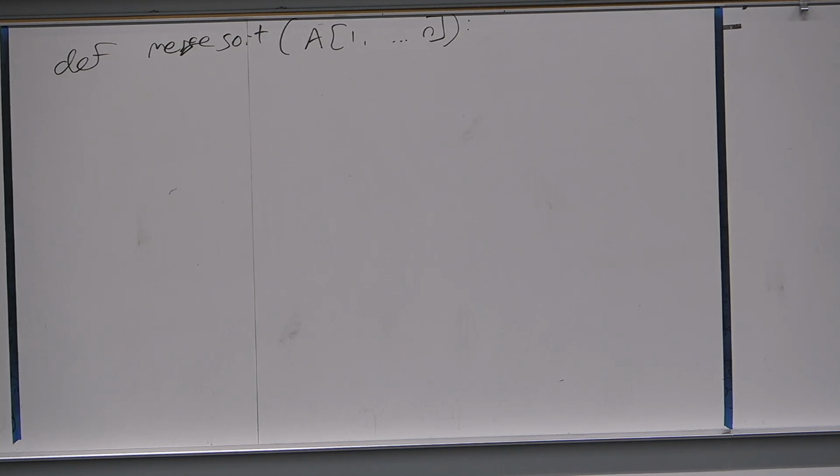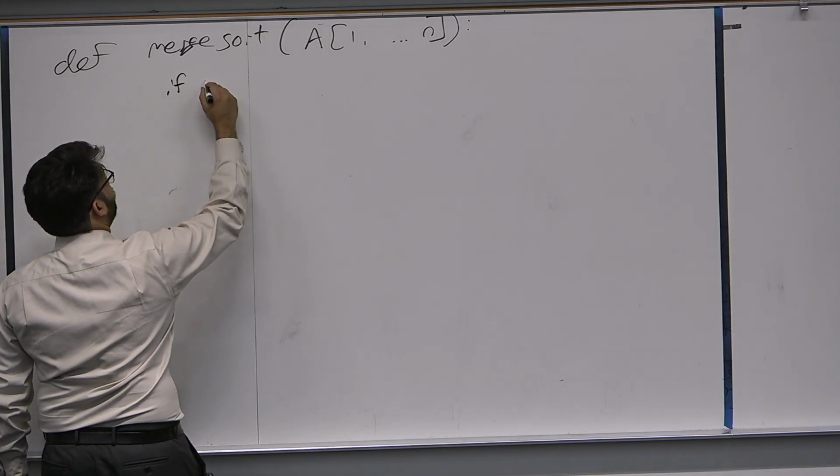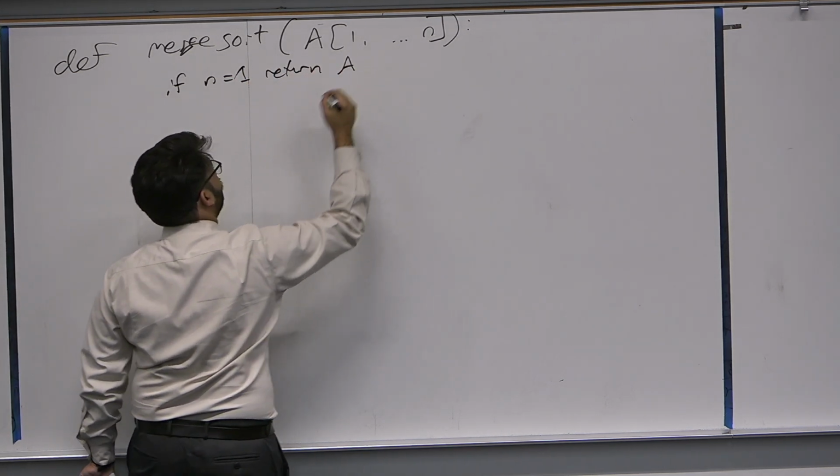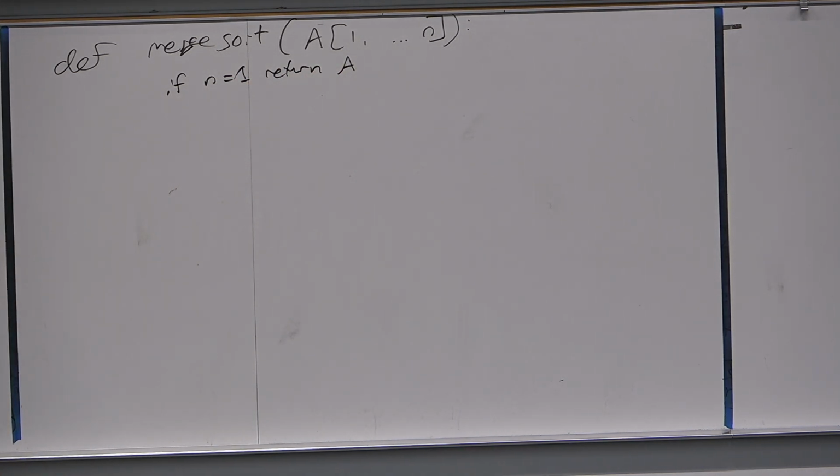You could even argue that a 0-size array is the smallest, but I think 1 is small enough. If n equals 1, return A. If the array contains a single element, then the array is sorted. Like a proof by induction, it's very important that you have your base cases, because if you don't, it's just always wrong.